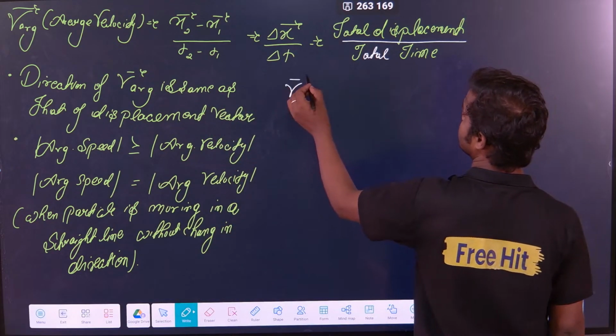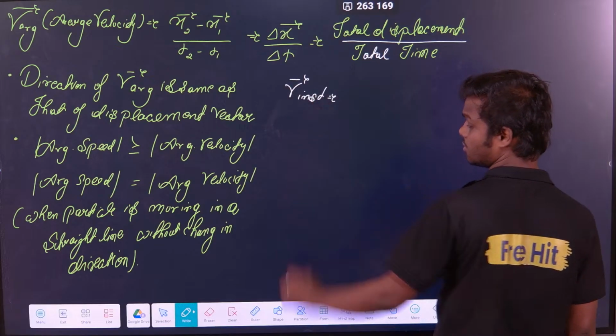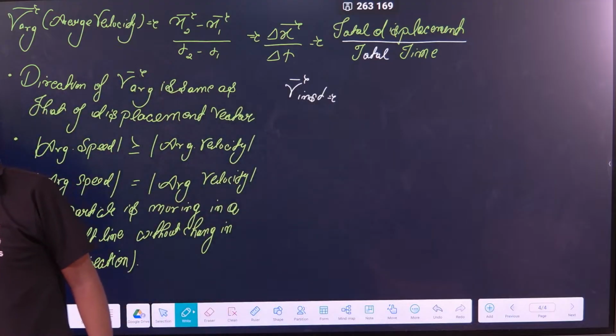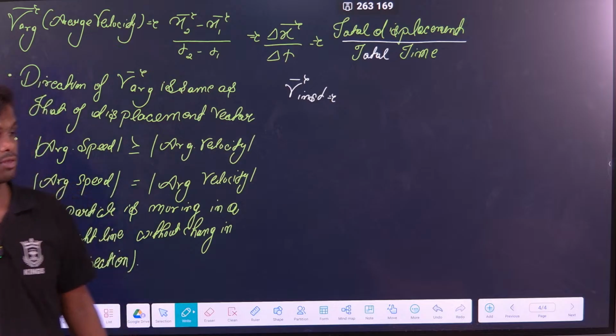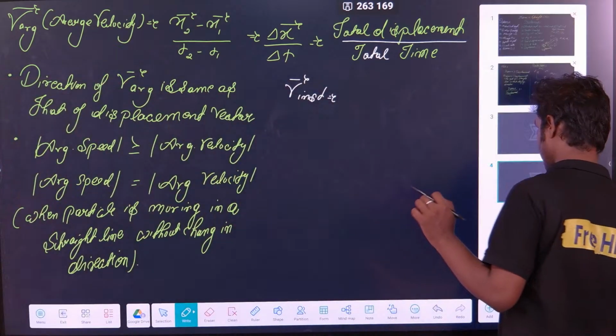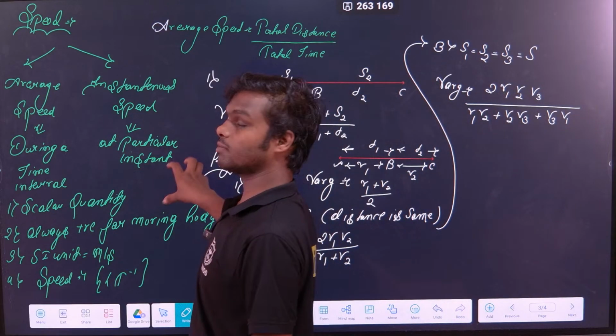Now the second thing is V instantaneous. What is that? See, this is the same thing. If you remember, I mentioned that whenever we are talking about an instant, it means at a particular time.